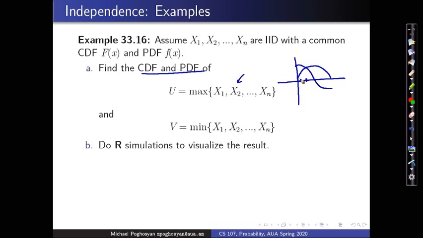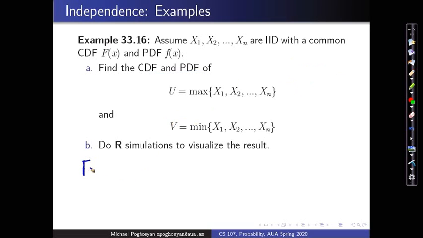For other values of x, sine will be the maximum. So if I draw the maximum, it will have this form. This is the maximum of sine and cosine over 0 to pi. So sometimes it is this, sometimes it is that, and we cannot describe it by just one random variable. So to solve this, we do the following.